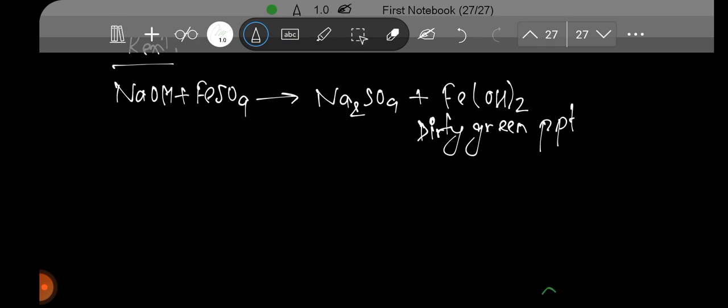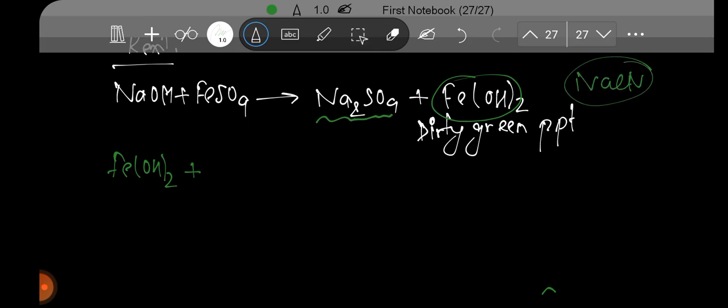Now we leave this component and move on with this component. Fe(OH)2 plus we have the sodium extract, NaCN. So we add this sodium extract and it gives Fe(CN)2 plus NaOH.